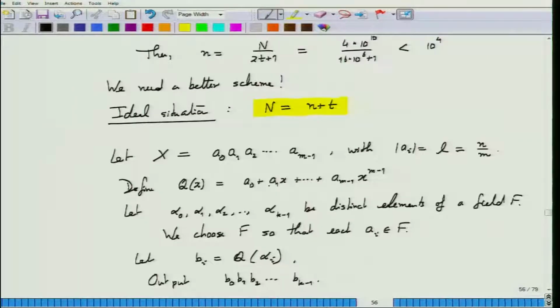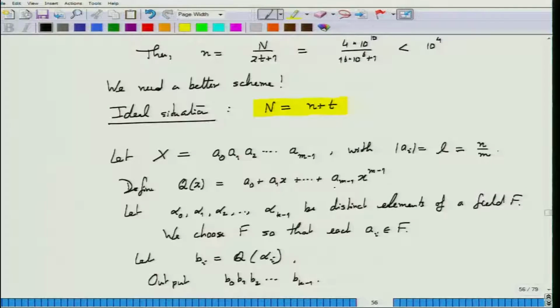Then look at this polynomial. For x, we will replace at the max k. So we will get k to the m minus 1 here, multiplied with a_{m-1}. This will be the biggest number. All the other numbers will be smaller.